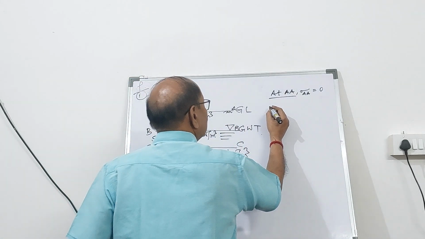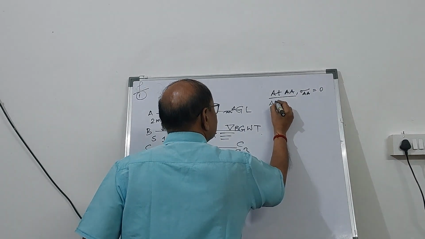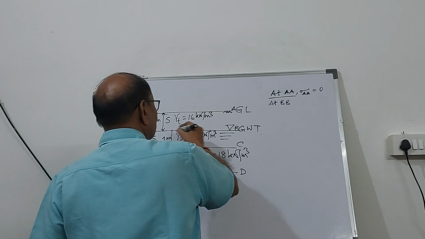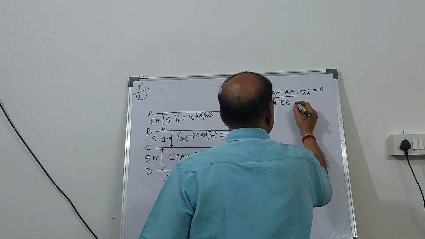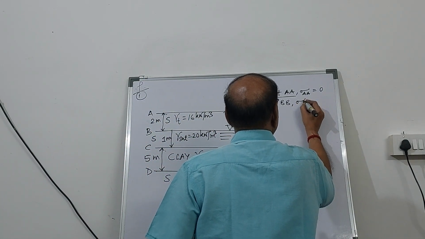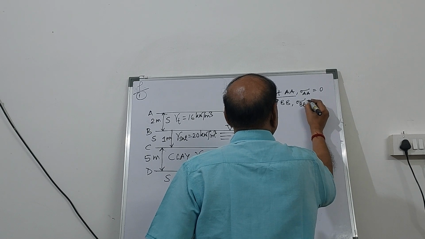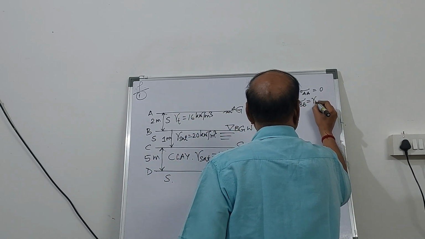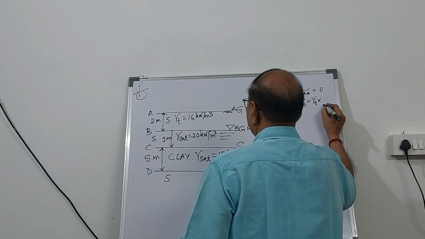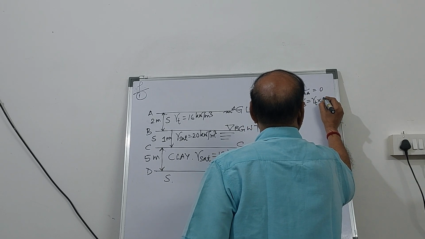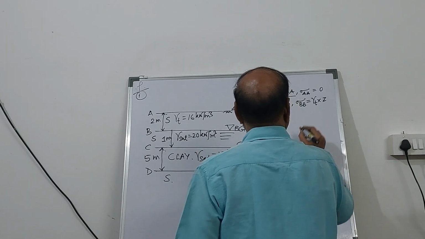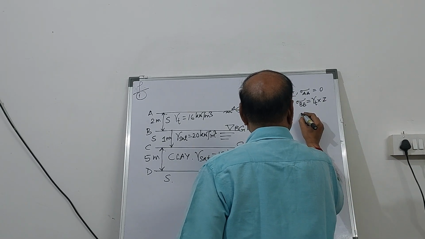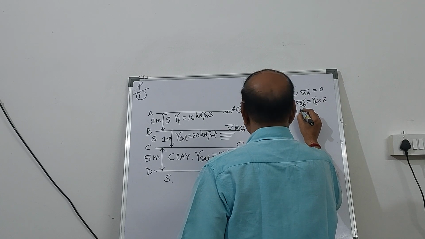Now at BB, that is at 2 meter below the ground level, sigma BB will be gamma T into Z. The height of the soil column here is 2 meter and gamma T is 16.